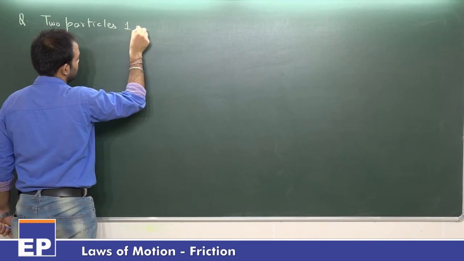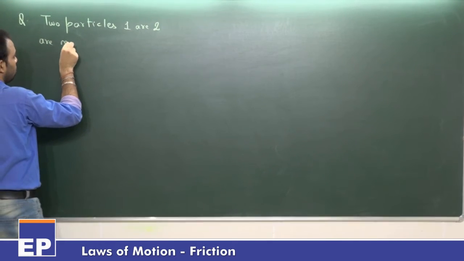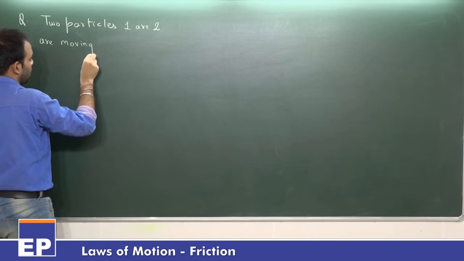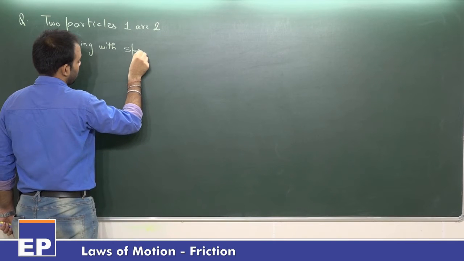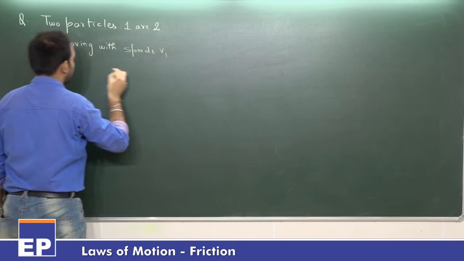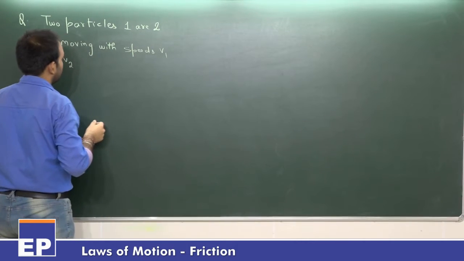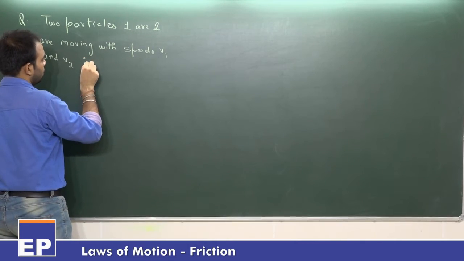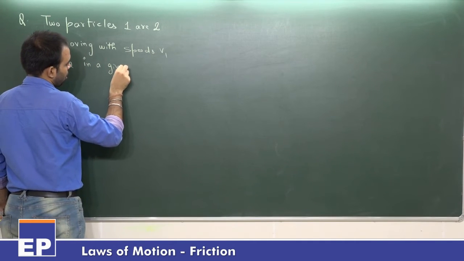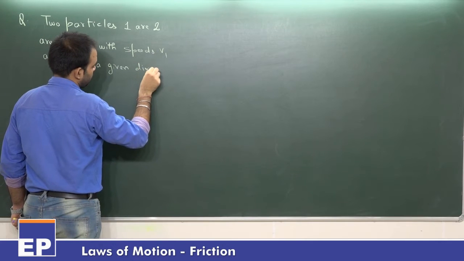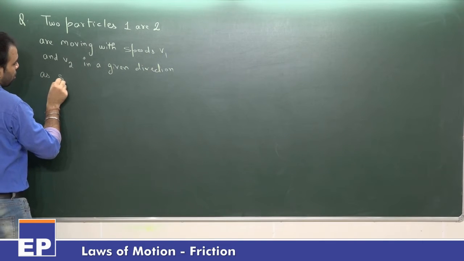Two particles 1 and 2 are moving with speeds v1 and v2 in a given direction as shown in the figure.